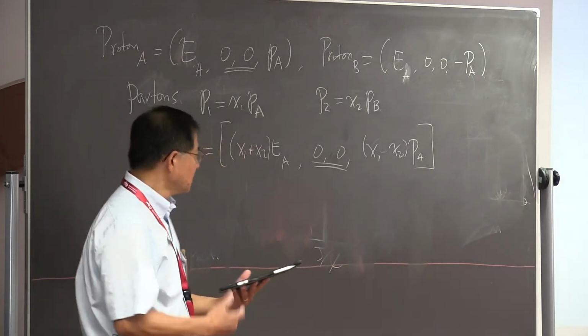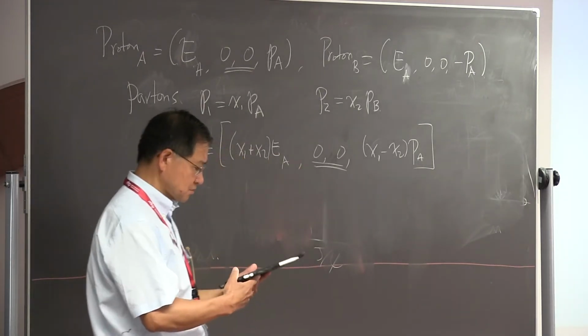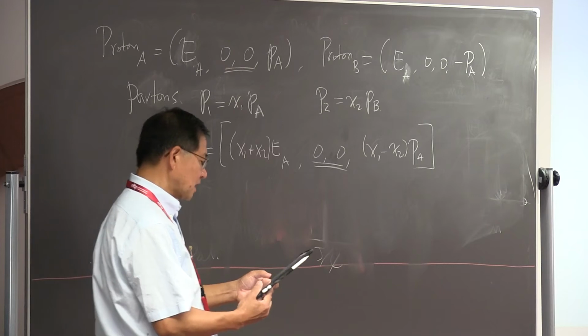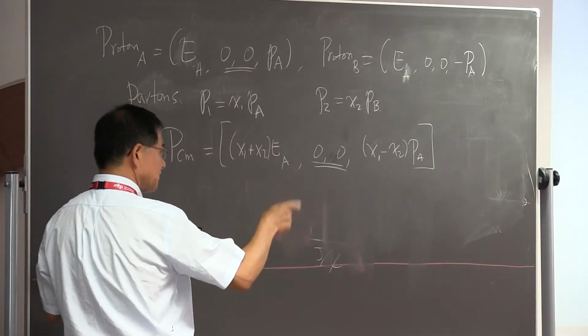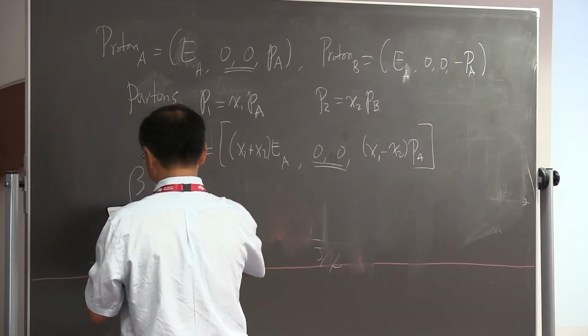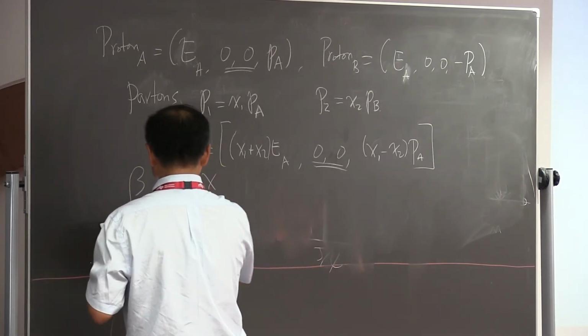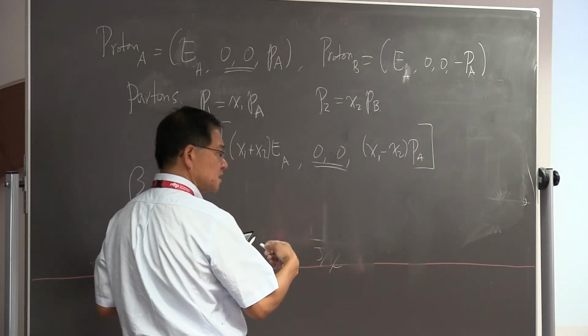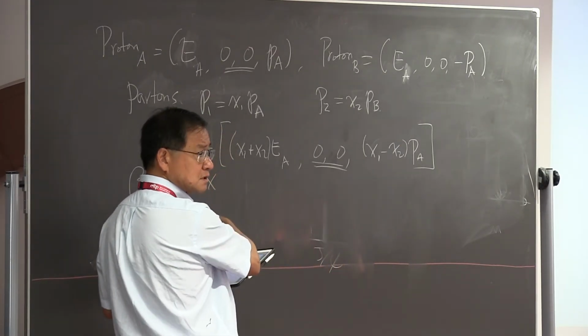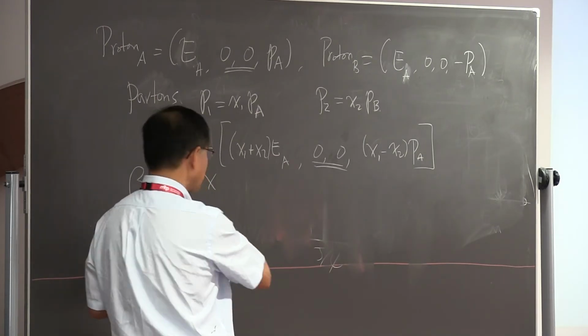So there's a boost involved between these two systems. There's a formula I don't discuss. The relative velocity will be once again momentum divided by energy. So momentum divided by energy, this is the velocity. The partonic system is moving with this velocity with respect to your lab frame.